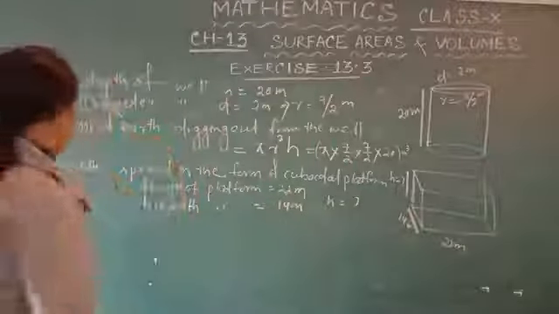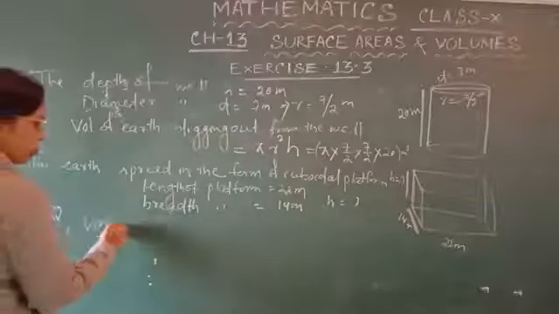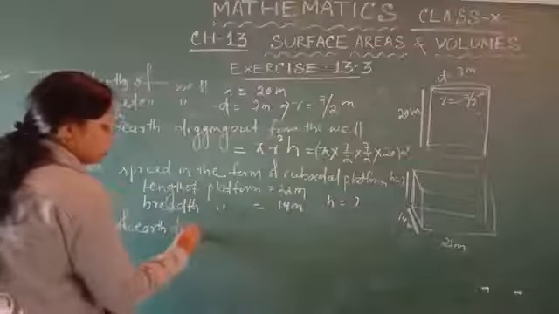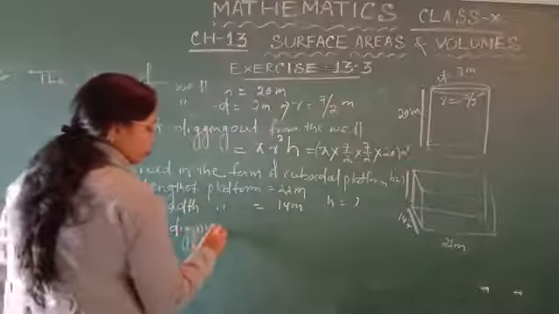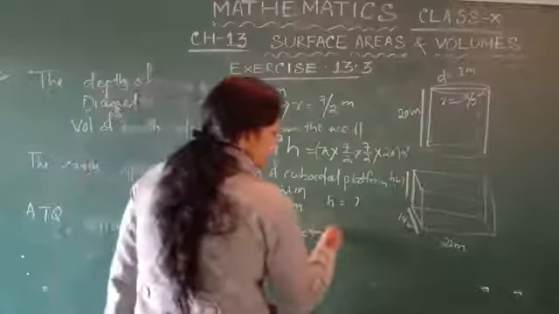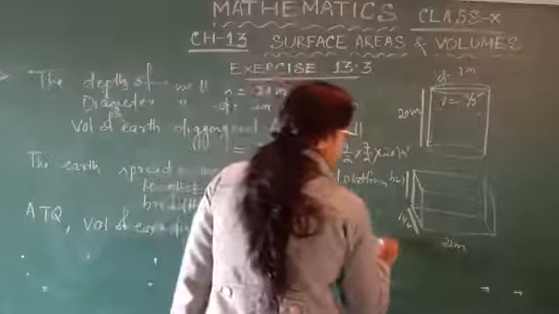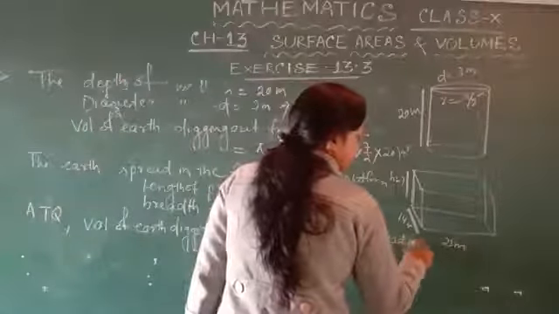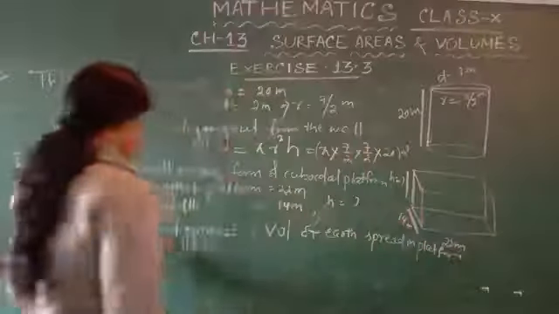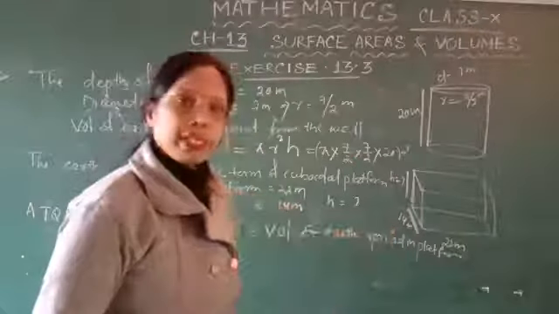So according to our question, now the volume of earth dug out is equal to the volume of earth spread in the platform.